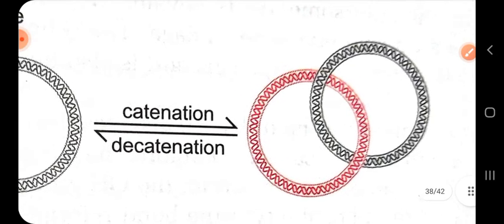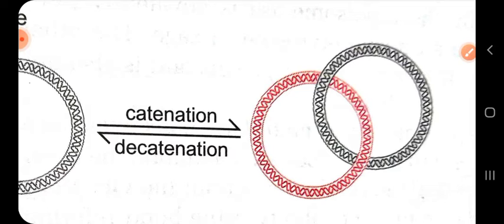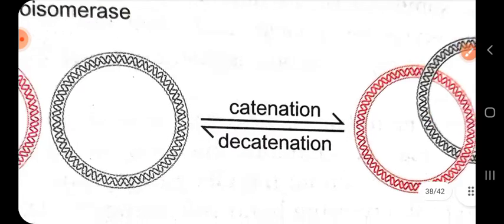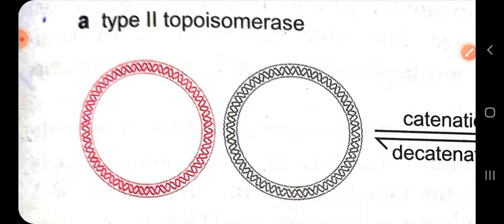For decatenation, topoisomerase 2 actually comes into play because it has to cut both strands of the DNA, and then it passes the other double helical strand through so that they can release by themselves, and then resealing occurs. Mostly it is done by topoisomerase 2.